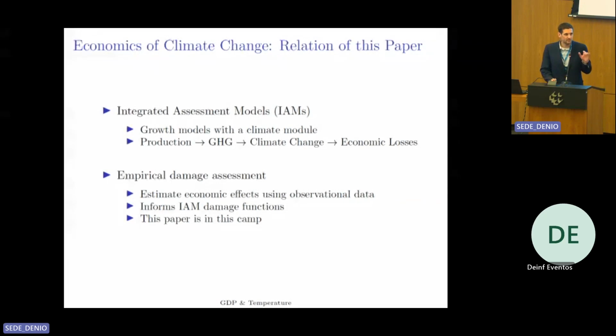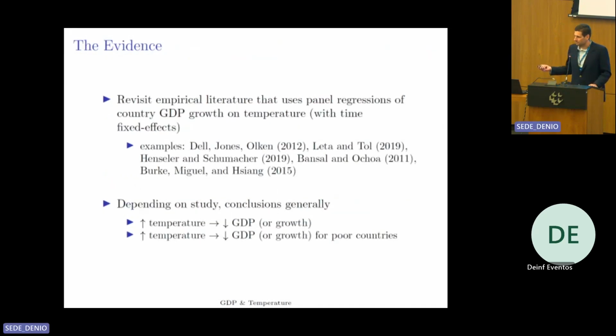We do three main things, which I'll get to in a second. What we want to do is revisit some of this empirical literature. It's a large literature, especially in the last 15 years, that uses panel regressions of country GDP growth on temperature.